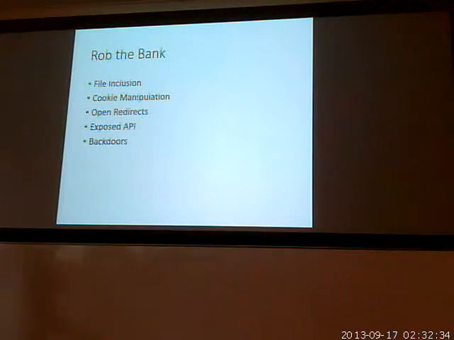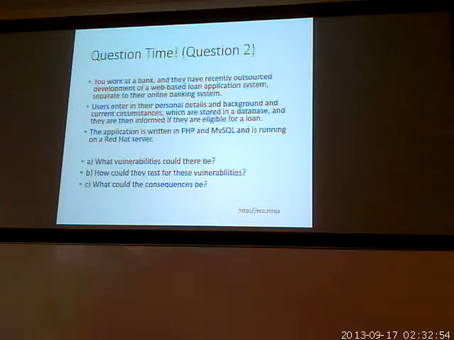It shouldn't be used for things like storing your user ID number or anything like that. Open redirects, where parts of the application allow you to bounce to other websites that could be used to bounce through your website. Things like an exposed application interface. And also backdoors in the application as well. These are all the kind of things that we've already seen and should be quite familiar to you.